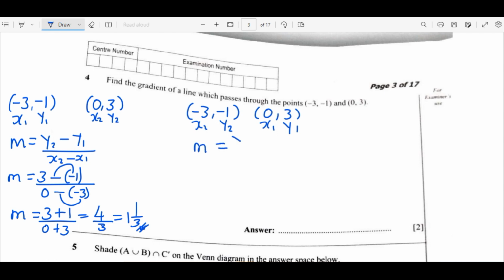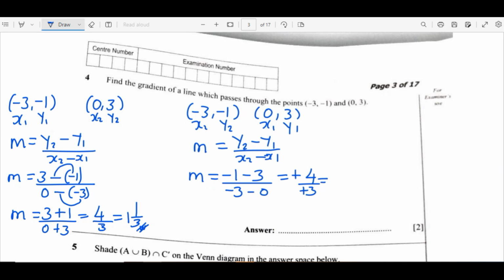Gradient is equal to y2 minus y1 over x2 minus x1. Our new y2 is -1 minus y1 is 3 divided by our x2 is -3 minus 0. -1 minus 3 is -4 over -3.